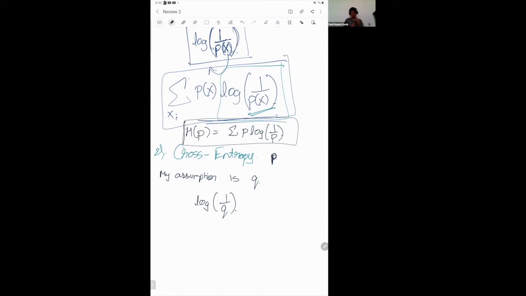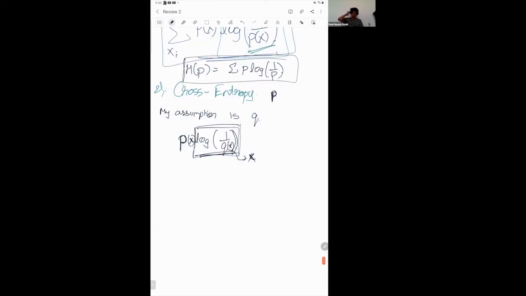So let's say Q of X. This many bits I need to encode this X, but still Q of X is not the correct representation of how X is distributed. The probability of seeing X in my data stream is still P of X. This is where cross entropy comes in: you don't know P of X, so you define it using Q of X, which is not correct.